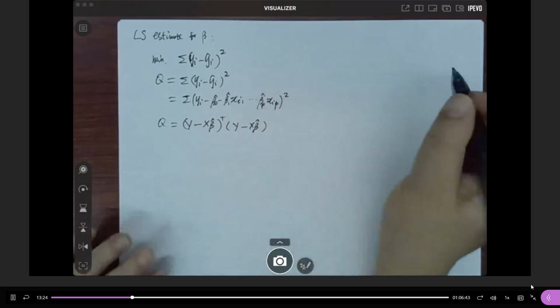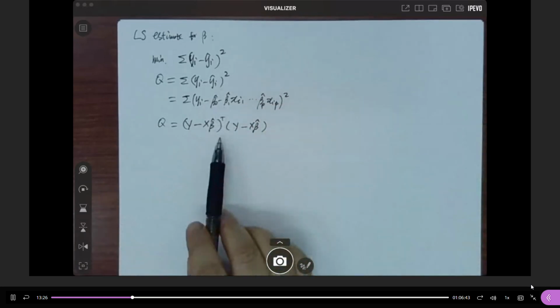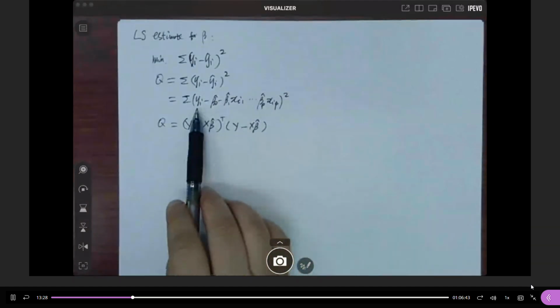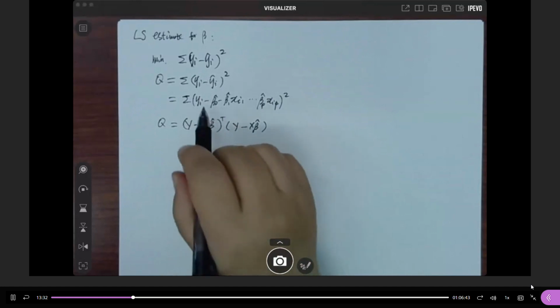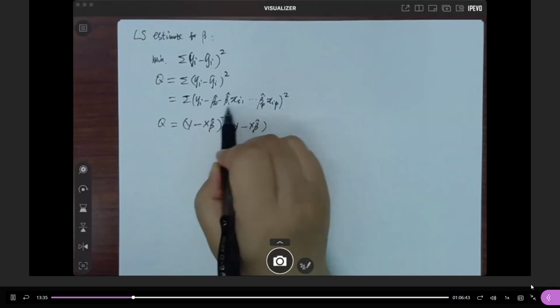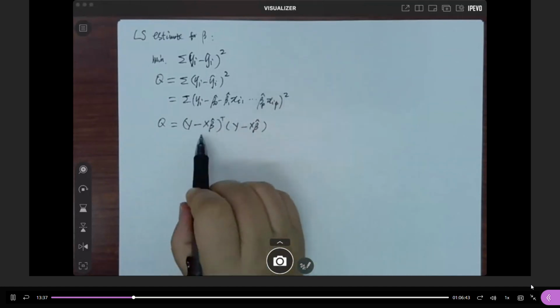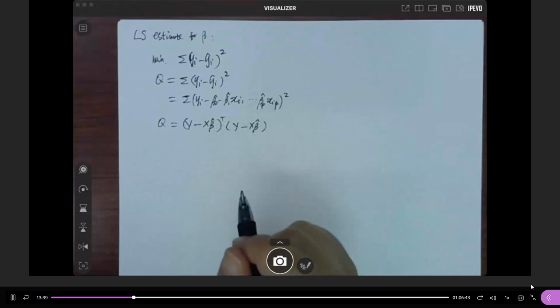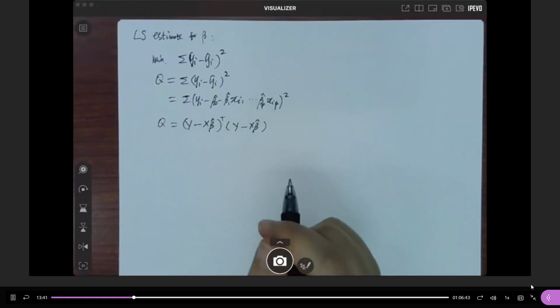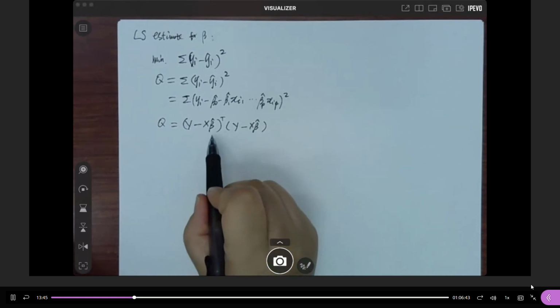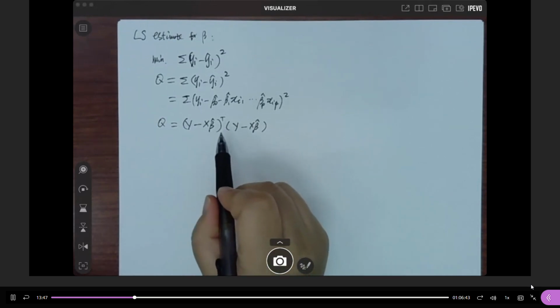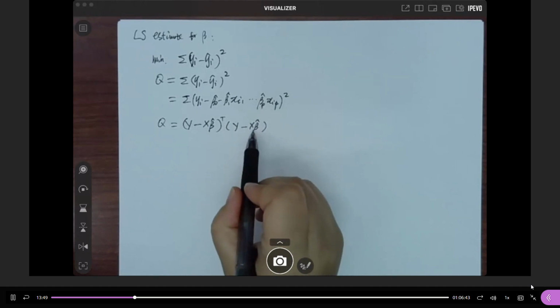Okay? So this is the scalar form. This is the matrix form. So you can see here the summation of every element squared is equal to the vector transposed times itself. Okay? So this is a column vector, transpose, gets a row vector, and this is a column vector.